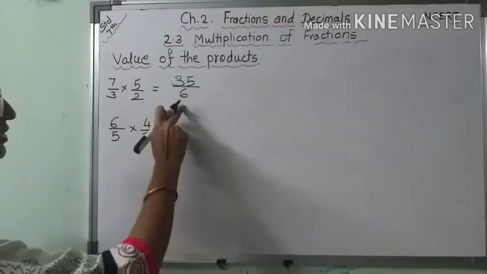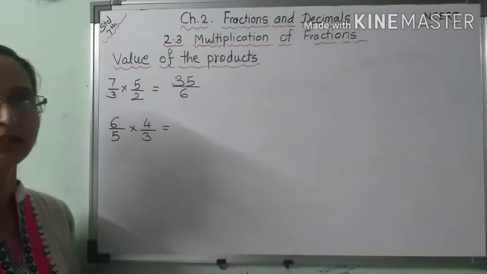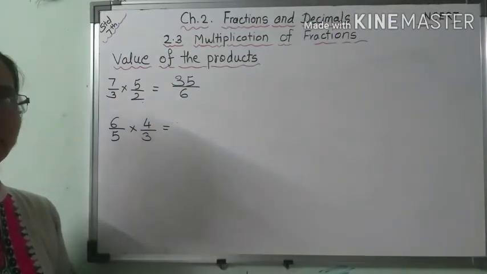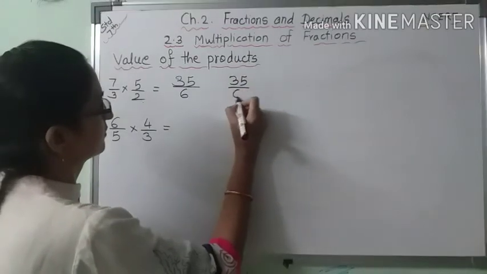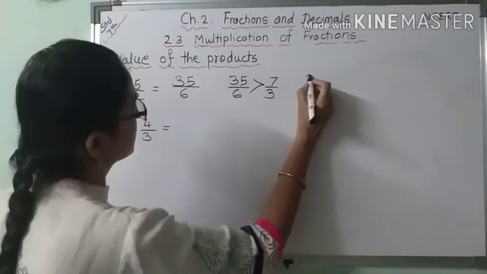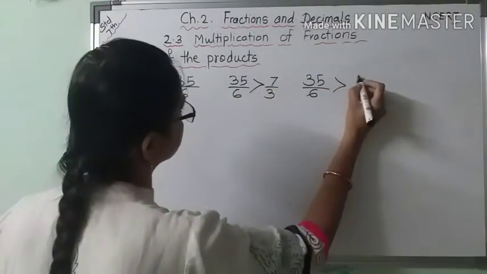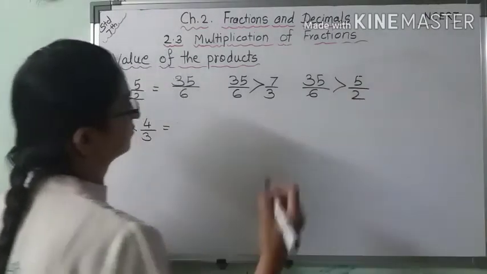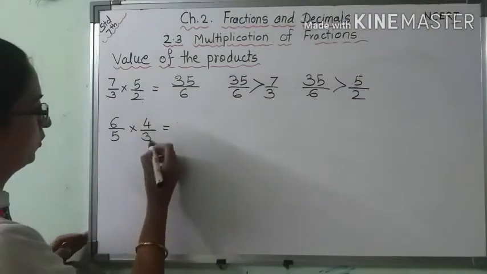Now after converting into like fractions and then comparing, we will find that 35 upon 6 is greater than 7 upon 3 as well as greater than 5 upon 2. Now the next example is 6 upon 5 into 4 upon 3.